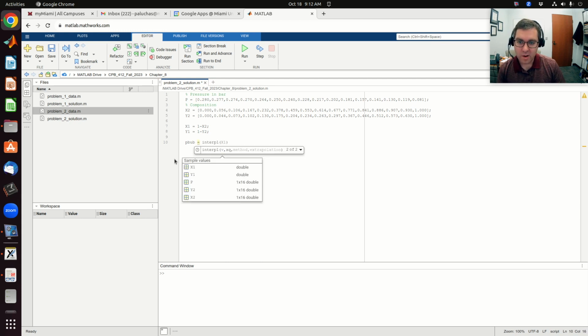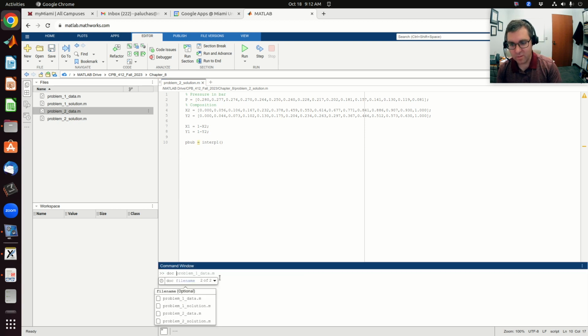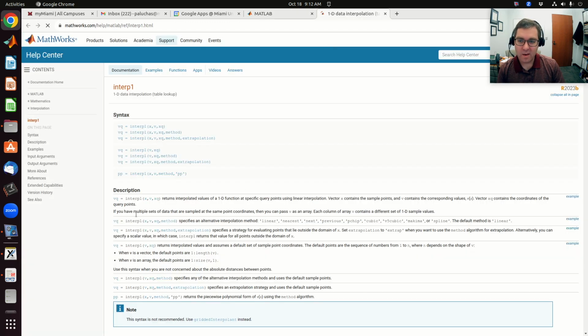I always forget the order of things, so I'm going to type it in here. If I can't remember what's X and Y, then I type it in here. First comes my independent variable, then my dependent variable, and then the value of the independent variable at which I want to estimate my dependent variable.